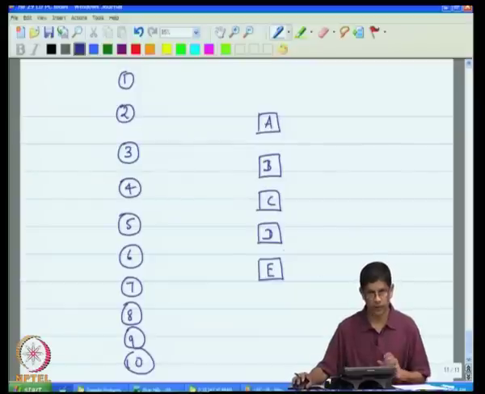I will finish drawing this figure, take about a minute or so more, and then I will explain.